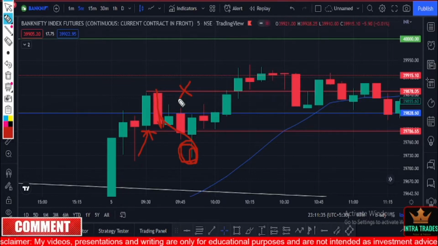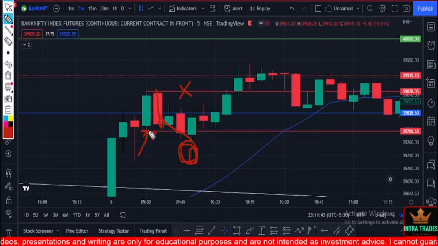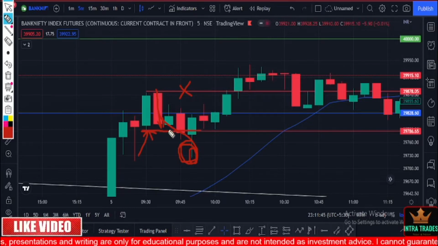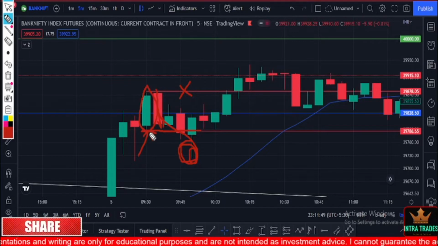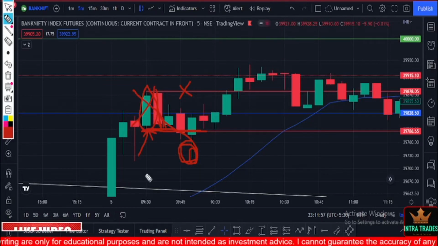Yes, I haven't taken any entries here. Once the low of the candle which gave a critical delta has been taken out, this candle itself has no value.